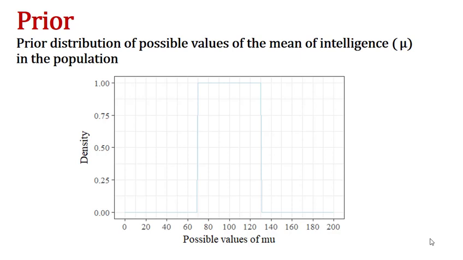So unless we have special populations with people with cognitive disabilities or gifted people, but because we obtain randomly from the general population, it is very unlikely that it would be smaller than 70 or larger than 130. So instead of putting as prior a uniform over all the possible values of the mean of IQ, we restrict that, and that gives us a bit more power in the analysis.